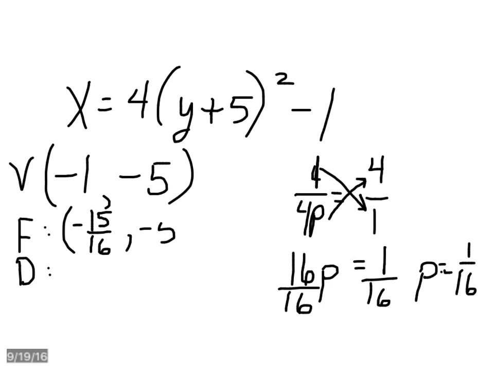And the minus 5 stayed the same. Now I'm going to subtract the 16th. What's negative 16 sixteenths minus 1 sixteenth? Good. Or if you told me negative 1 and 1 sixteenth, I would also take that.